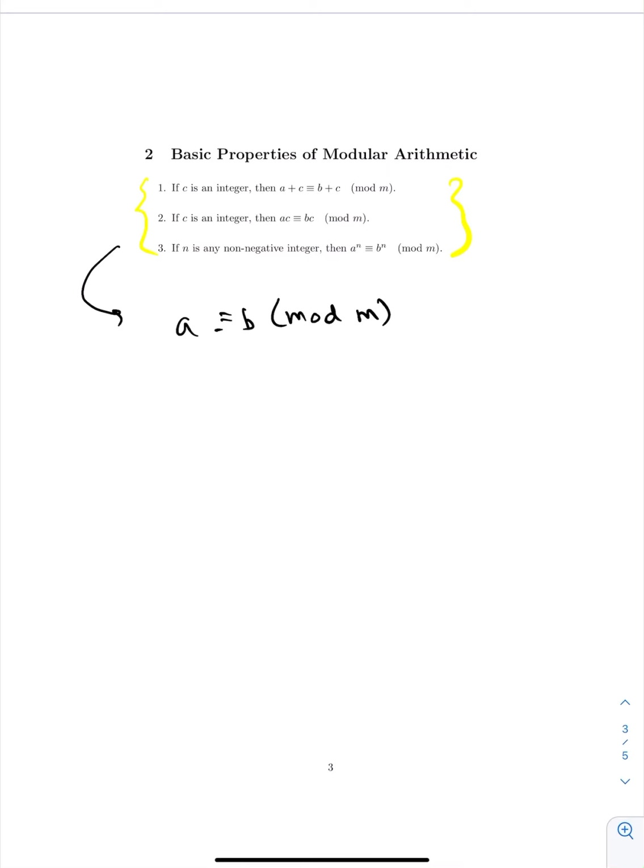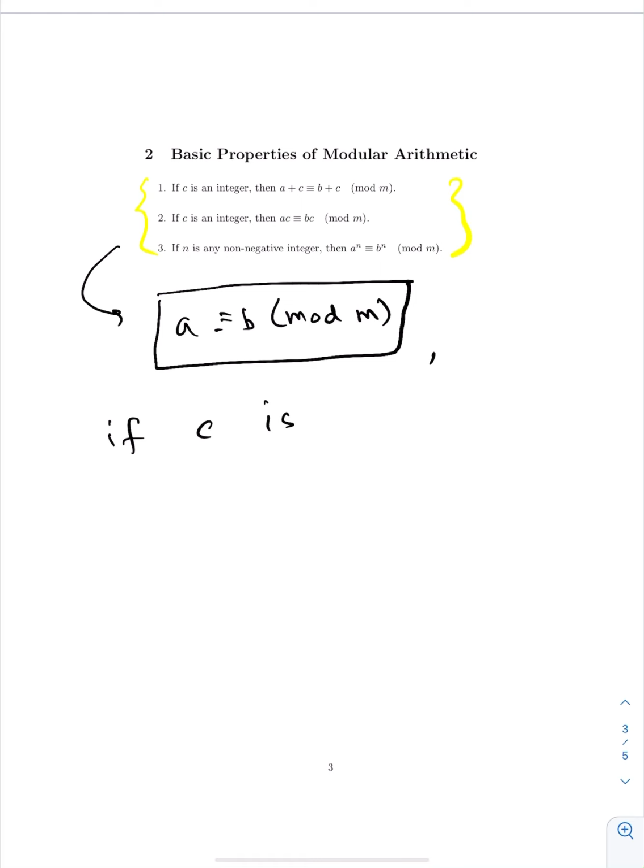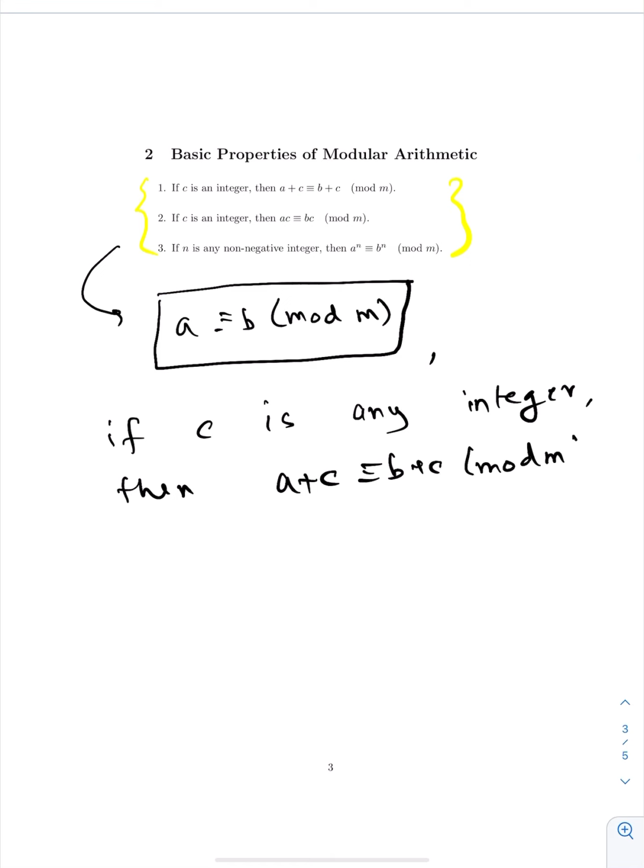Then it's easy to see that if c is any integer, then a plus c is congruent to b plus c modulo m.